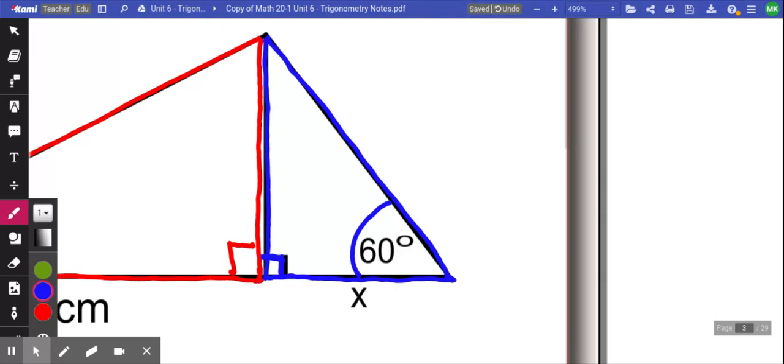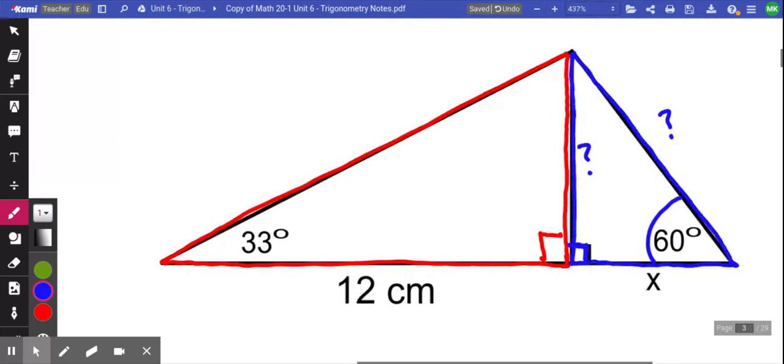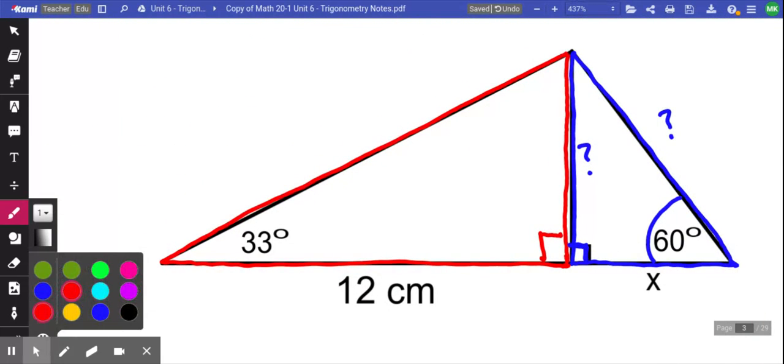To be able to find things on a triangle, you always need two pieces of information. Whether it's two sides or an angle and a side, you always need one of those two situations. This situation, I don't have that. So that means I need to get more information. I need to find one of these side lengths to be able to even do anything with the blue triangle. When I look at the red triangle, I do have enough information.